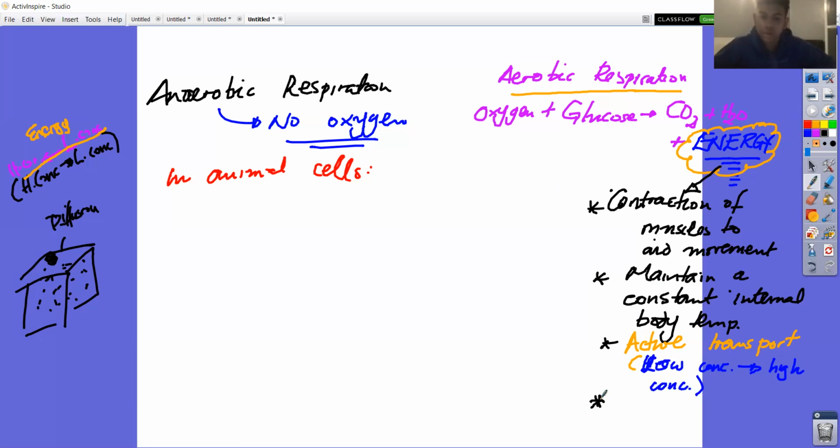No, but it's another important one you need to remember. Okay, so to build larger molecules requires energy as well.